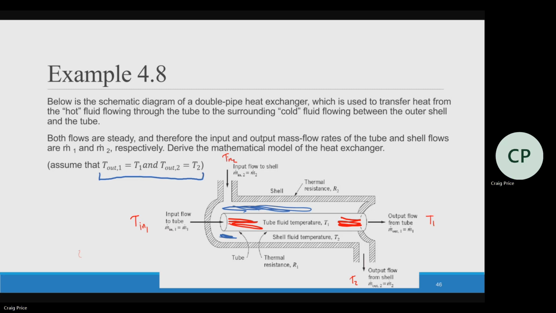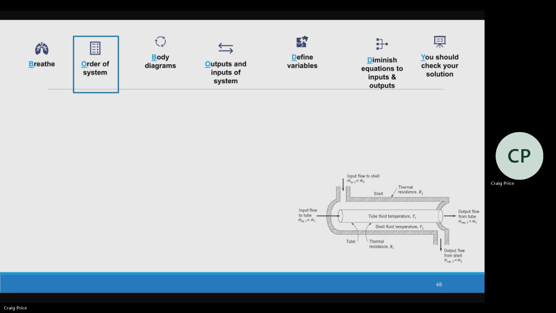So first we're going to breathe. Then we're going to identify the order of the system. What would you say the order of the system is? It is second order. How'd you get to that? Yeah, there's two capacitors, right?